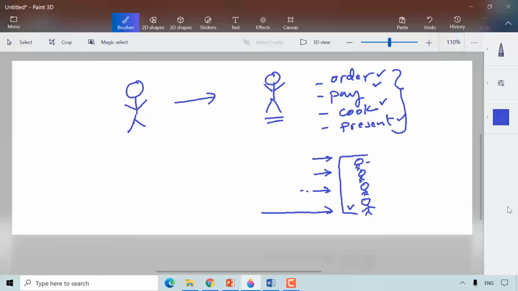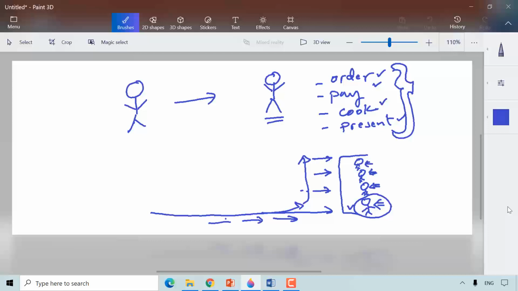Now, in this case, what I did was break this complete task into 4 steps, and I had to hire 4 employees, but notice that I can now have more customers come in. Once the order is given to the first employee, I can receive the second customer, the third customer, the fourth customer.